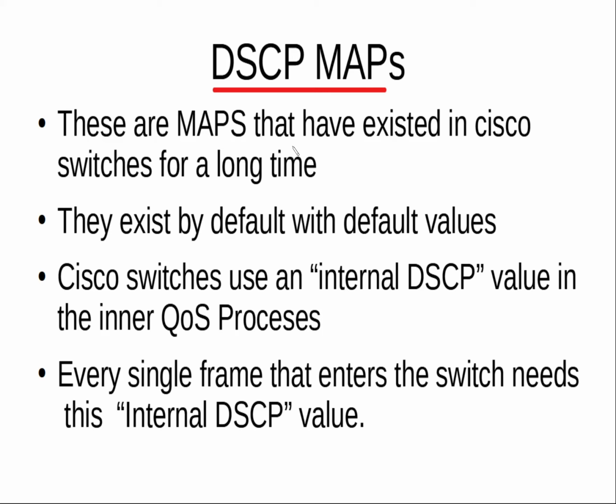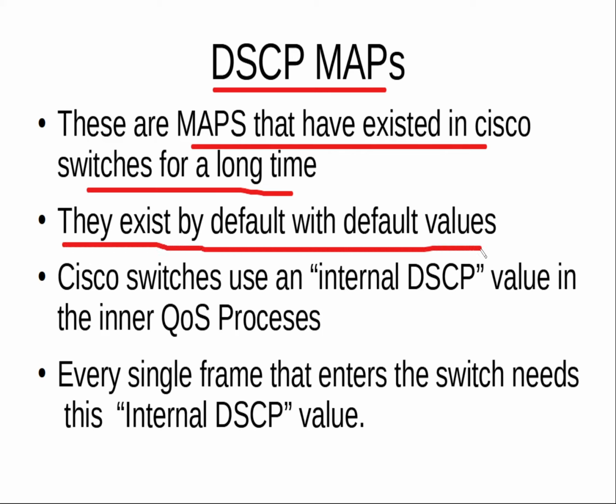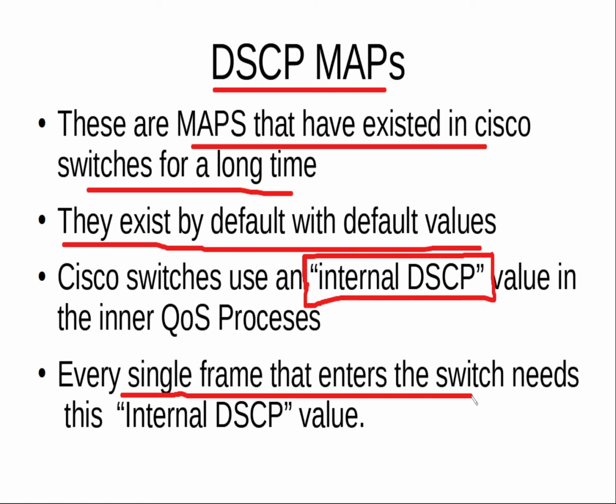These are maps that have existed in Cisco switches for a long time. They exist by default with default values. You may change them. And these maps exist because Cisco switches use an internal DSCP value for their inner quality of service processes. So every single frame that enters the switch will have an internal DSCP value.